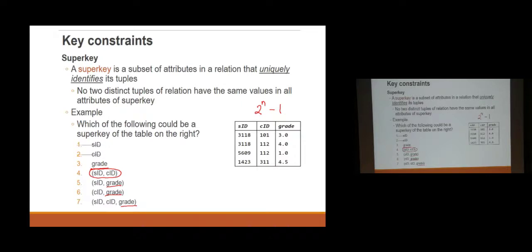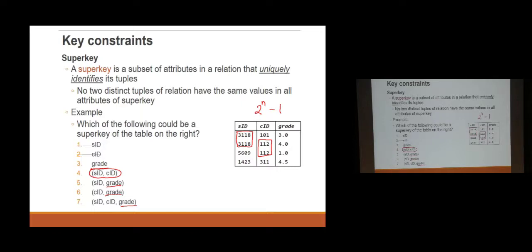Even though these two are not unique, the combination of them, a pair of it, is unique. To be a unique tuple, some of the values must be different. Two tuples are the same if all the values are the same.